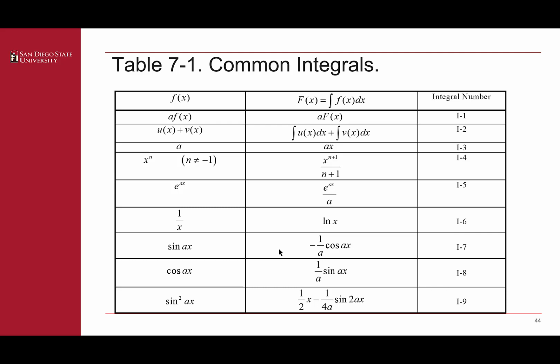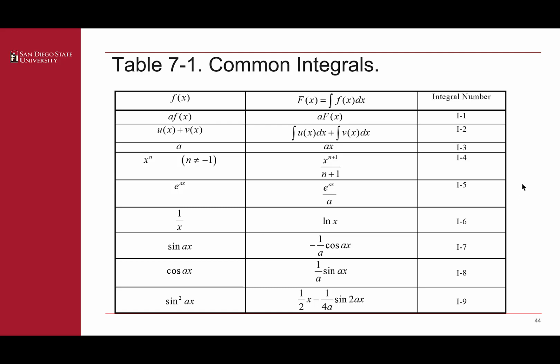Integral of 1 over x is ln x, natural logarithm. Integral of sin ax is minus 1 over a times cos ax, and integral of cos ax is 1 over a times sin ax. And sin squared ax is 1 over 2x minus 1 over 4a times sin 2ax.